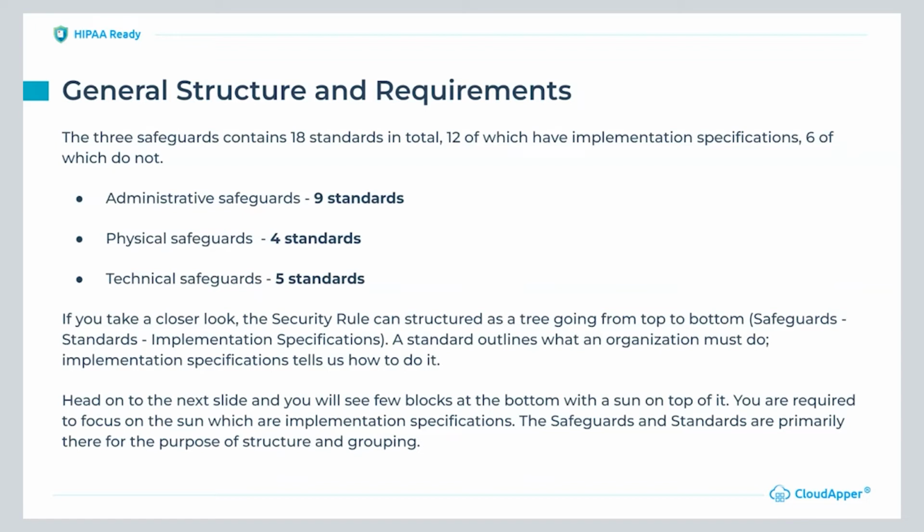A standard outlines what an organization must do. Implementation specifications tell us how to do it. Head on to the next slide and you will see a few blocks at the bottom with the sun on top of it. You are required to focus on the sun, which are implementation specifications. The safeguards and standards are primarily there for the purpose of structure and grouping.